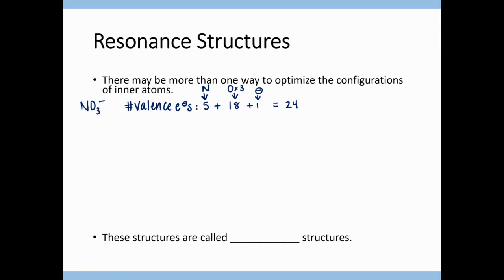I've calculated the total number of valence electrons at the top: 5 from nitrogen, 18 from 3 oxygens, and then we add 1 more because we have a minus net charge on the molecule. So that's a total of 24 valence electrons.